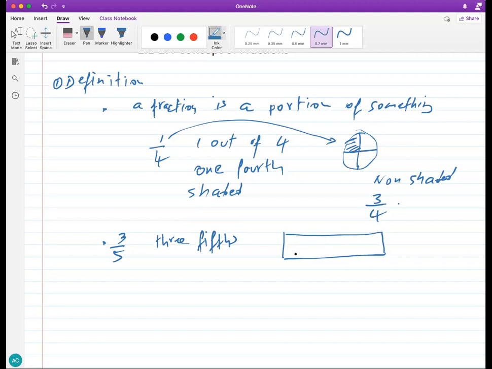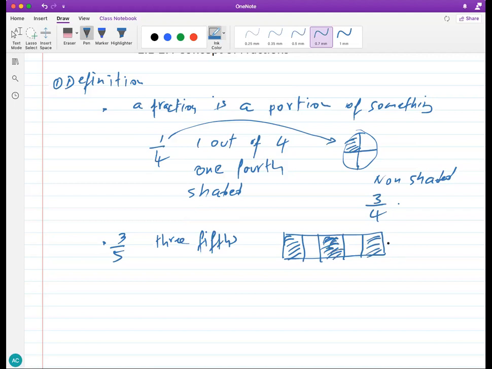Let's try to get 5 equal parts here. Something like this. They have to be equal, and then you take 3 out of those. For example, this. Any 3 basically, because they're all equal, so it doesn't matter which pieces you take.